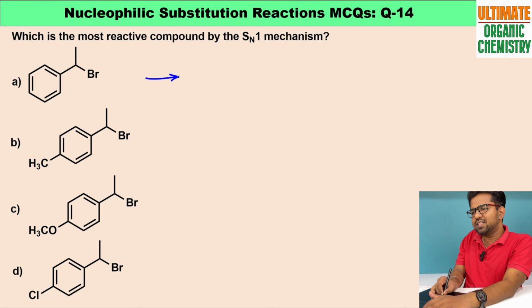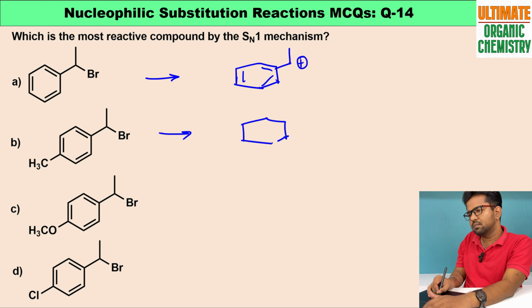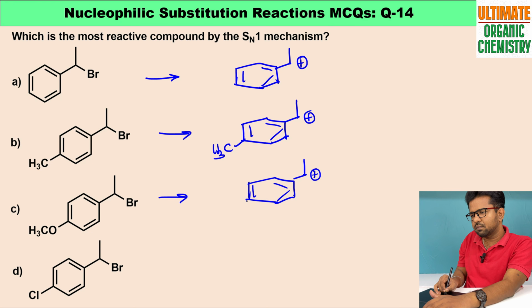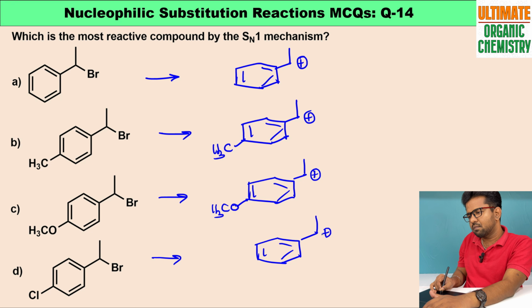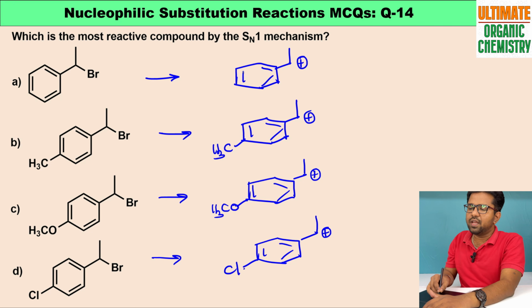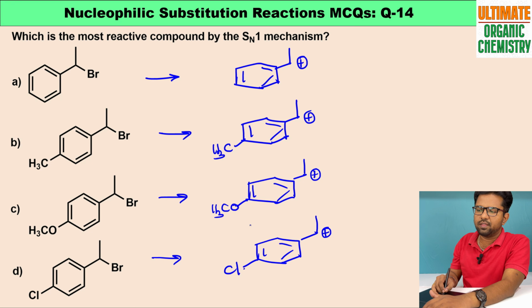That means in the SN1 mechanism they have asked, so immediately you need to draw the carbocation intermediate, and you need to identify the nature of all these substituents.